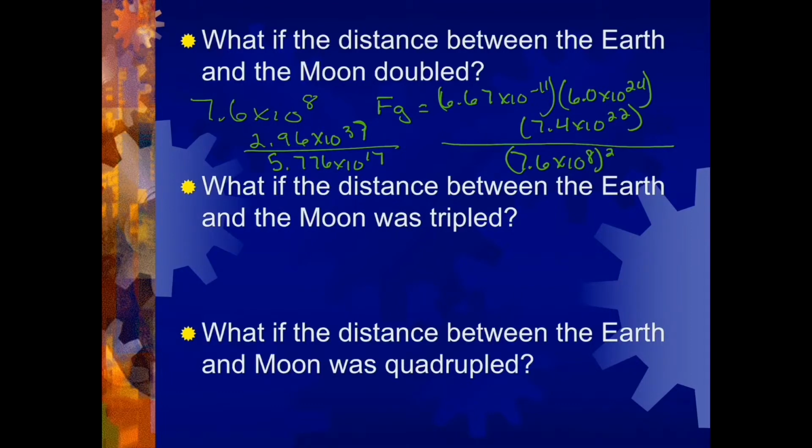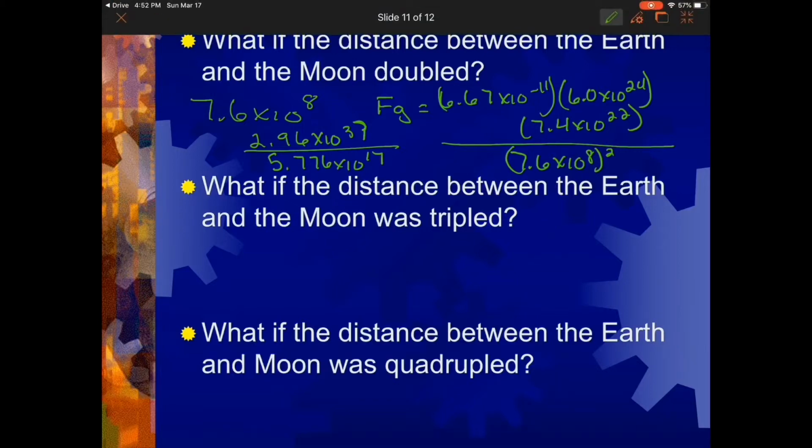Now take those two numbers divided by each other. 2.96 times 10 to the 37th divided by 5.776 times 10 to the 17th, and you should get something like Fg is equal to 5.12 times 10 to the 19th newtons.